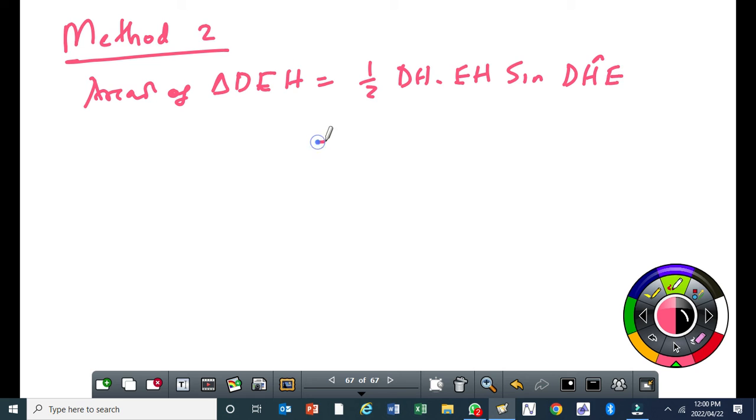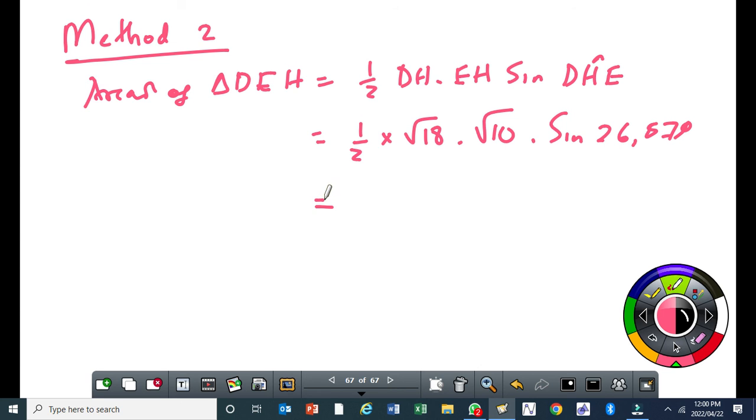So let's do this. Half times DH. What was DH equal to? Square root of 18, right? And then EH was square root of 10, times sine of 26,57 degrees. Can someone do that calculation for us? Half times square root of 18 times square root of 10 times sine 26,57. All of you are supposed to have a calculator in front of you.